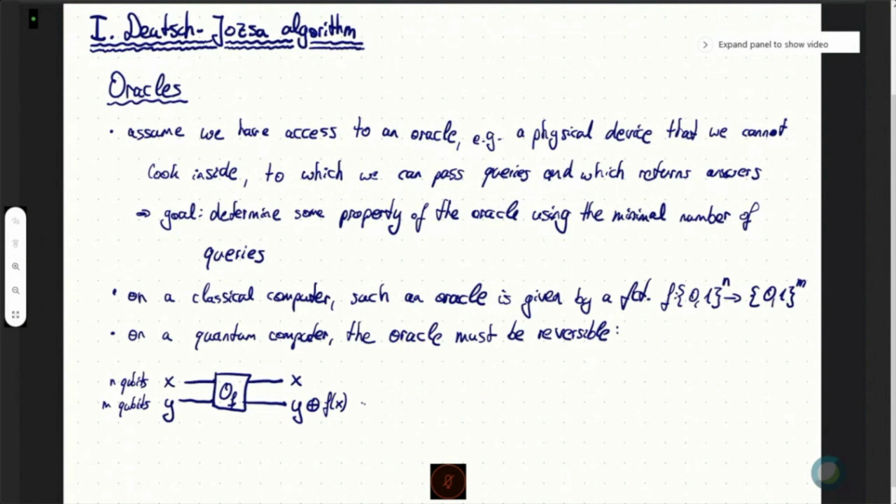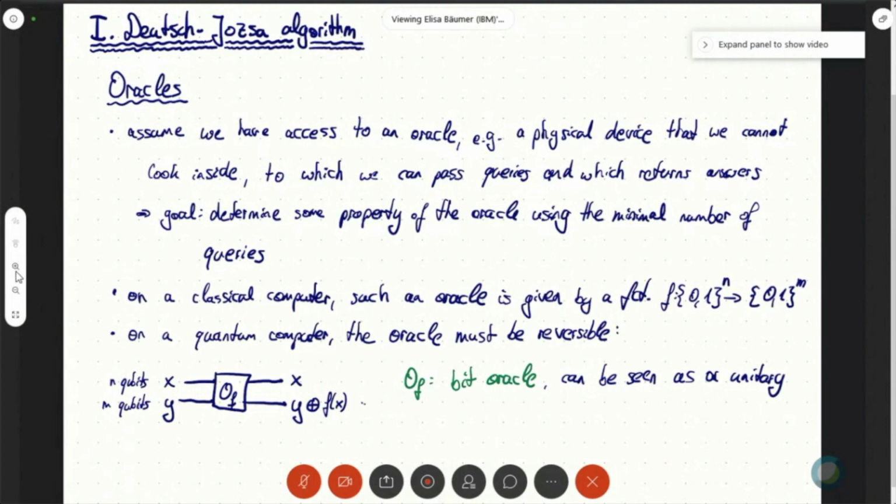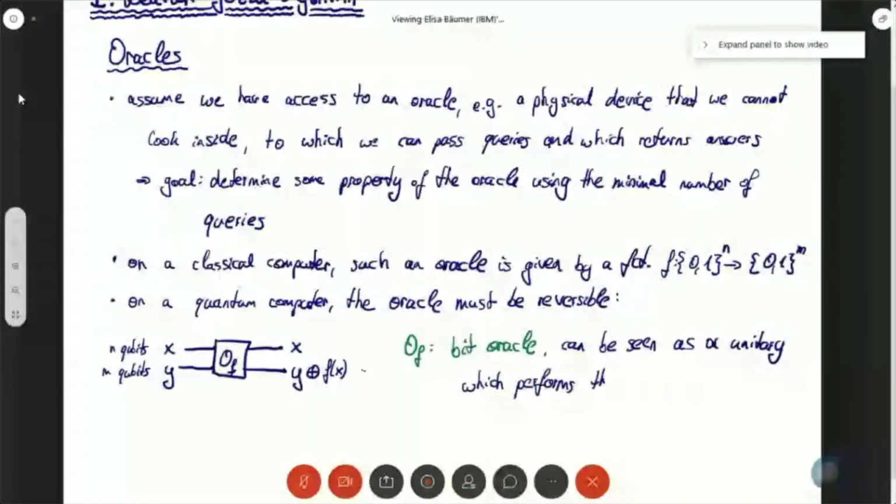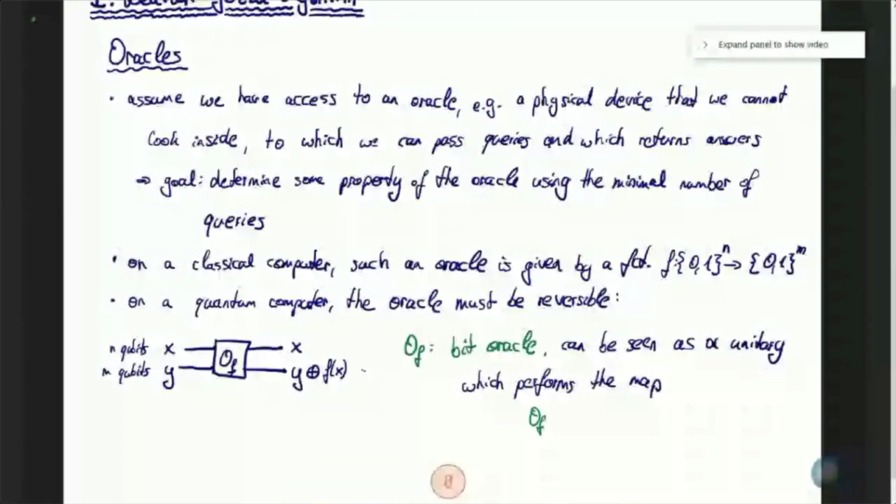Now what we call OF is a bit oracle, and it can be seen as a unitary gate which performs the map: if we apply OF to x and y, the output is x and y plus f of x.